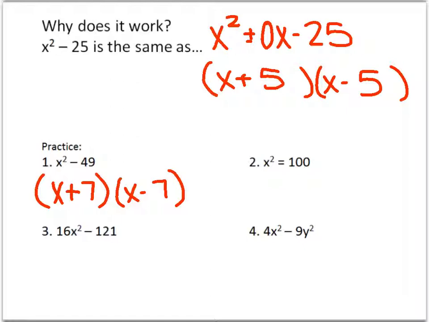You have to subtract 100 onto the other side. Yes, we need to get this all on the same side of the equation. So we've got x squared minus 100. And in factored form? Mike? X plus 10, x minus 10. Right.